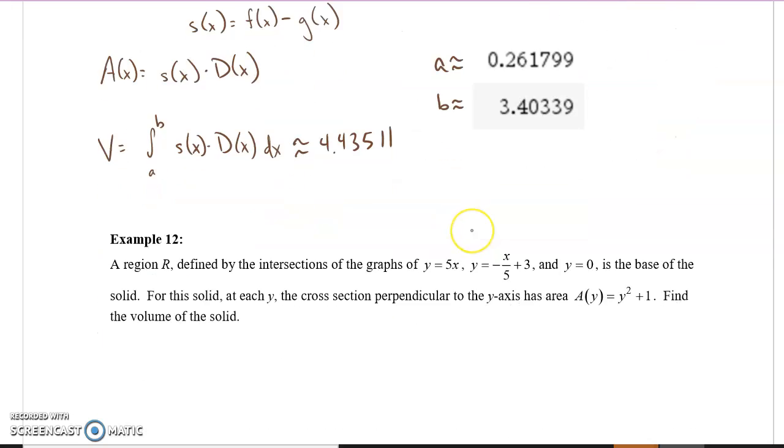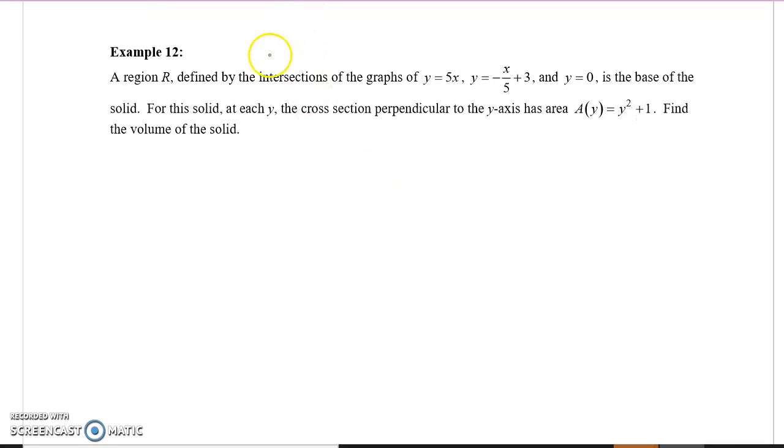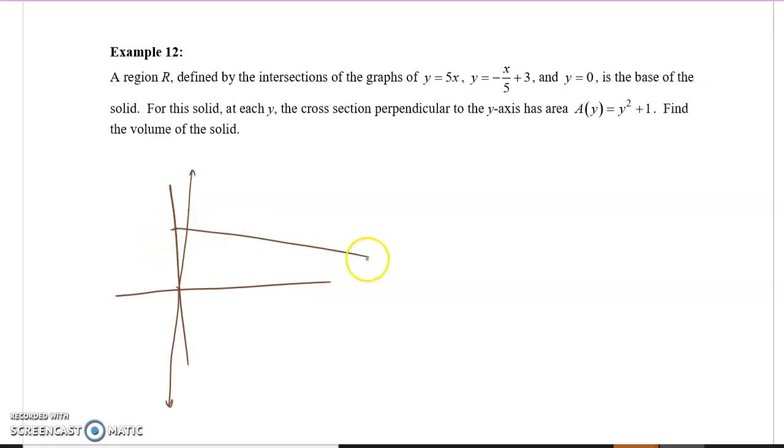All right, so we'll try one more FRQ type example here. This time, we've got some nice lines to deal with. Y equals 5x, going through the origin with a slope of 5. Then a slope of negative 1/5 with a y-intercept of 3.